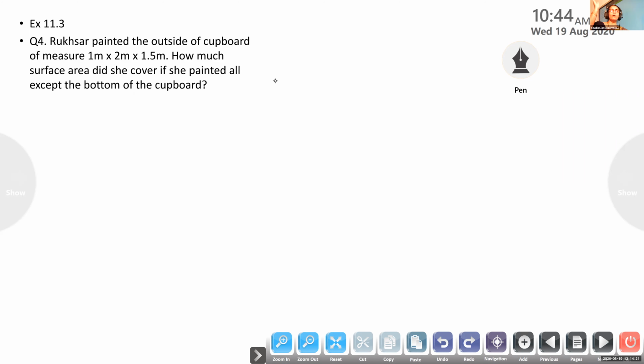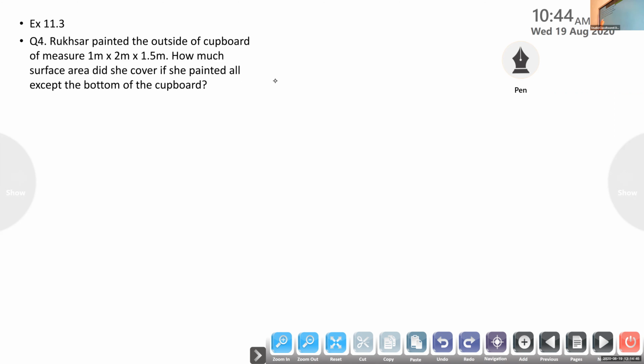We are painting all the 4 sides and top. Bottom we are not painting. So we will find the total surface area. From that, we will subtract the bottom area, because we are not painting the bottom surface.